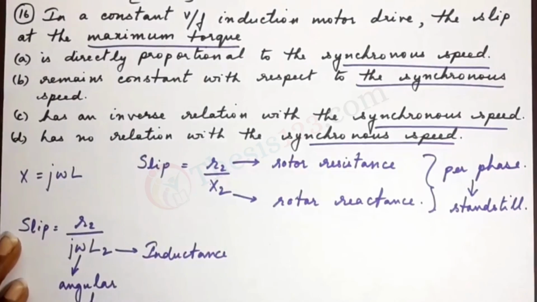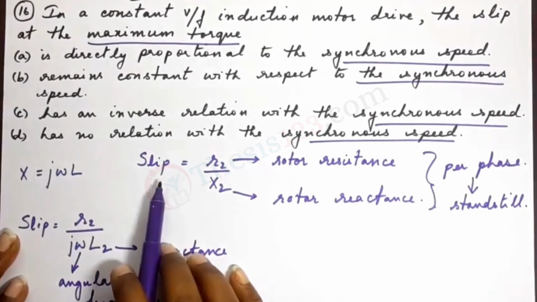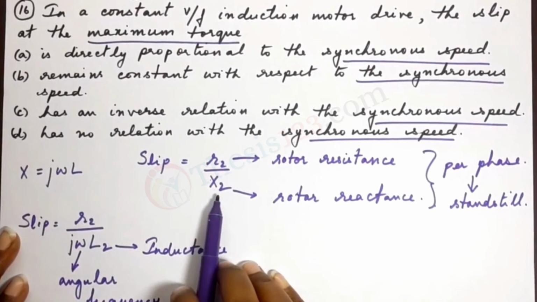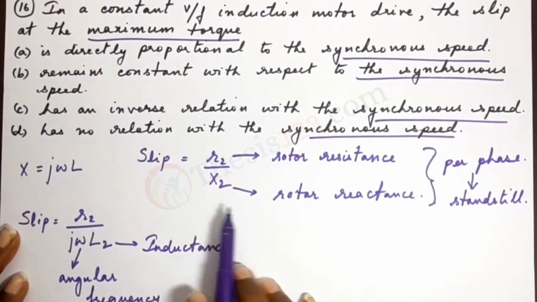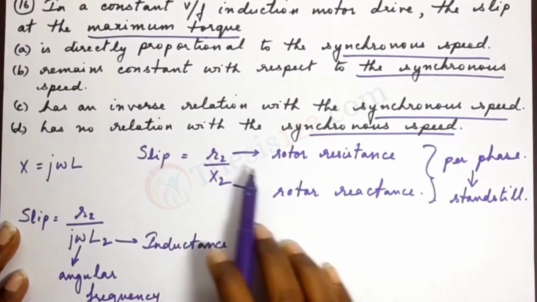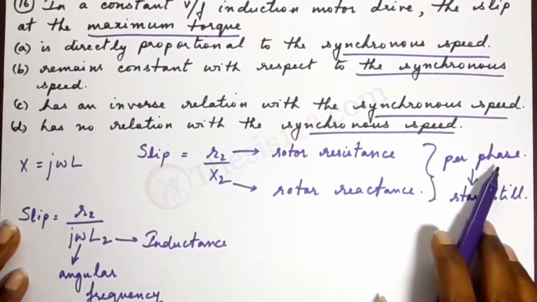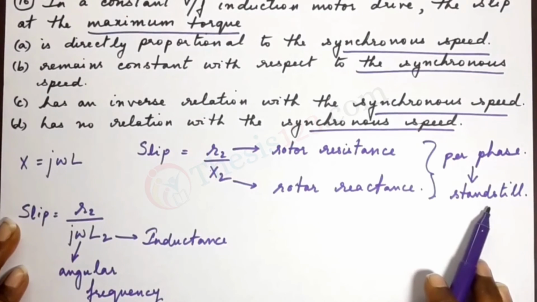Okay, so when we talk about induction motor drive, the slip is written in terms of R2 divided by X2, where R2 is the rotor resistance and X2 is the rotor reactance. You should also know that this ratio is per phase, and the motor is at standstill.